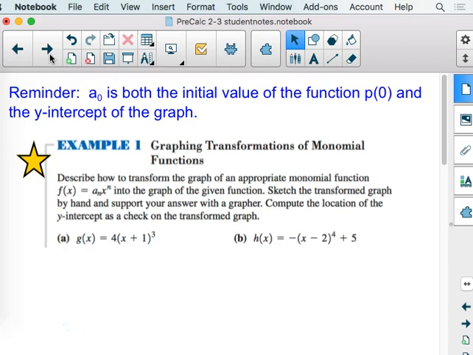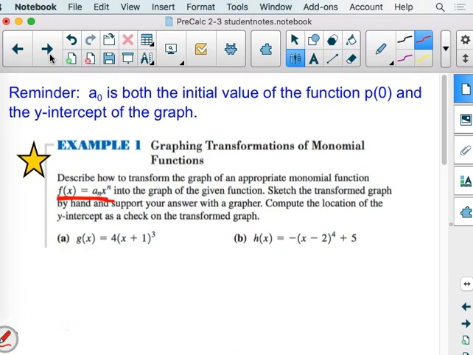So now we're going to go back to what are a, h, and k doing, and how does that help us graph? So we're going to graph transformations of monomial functions, and it says we're going to describe how to transform the graph of an appropriate monomial function f of x equals a sub n x to the n. Oh my goodness, what does that mean? It means with the parent function.